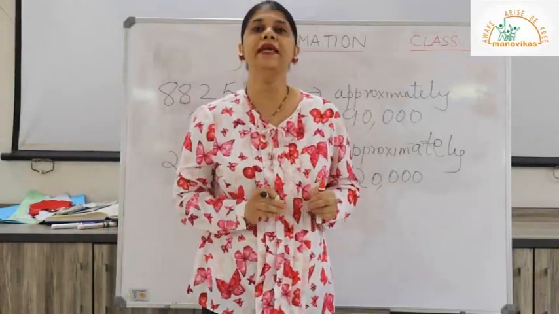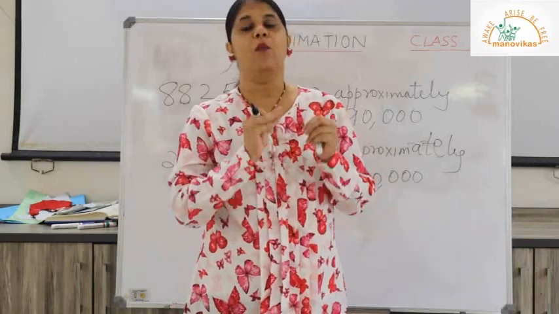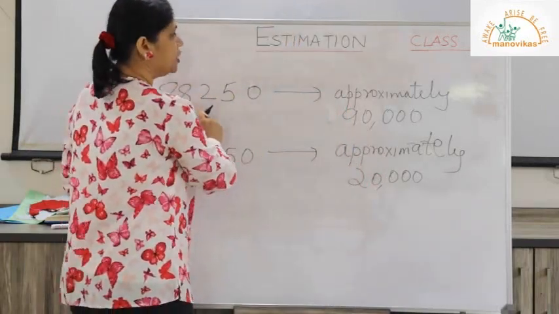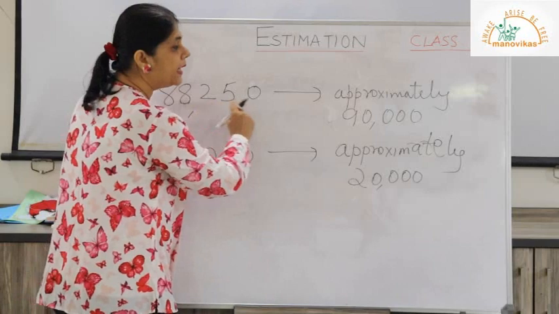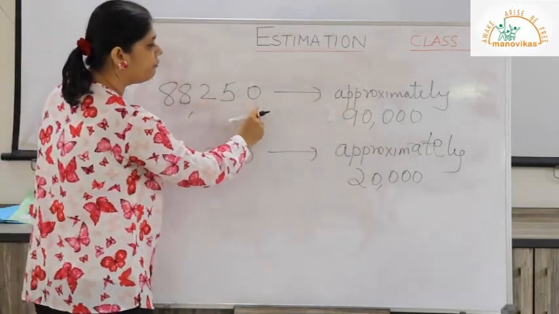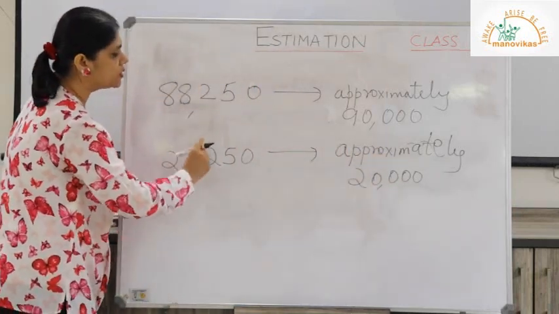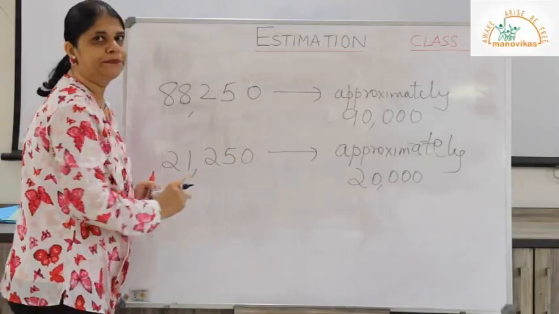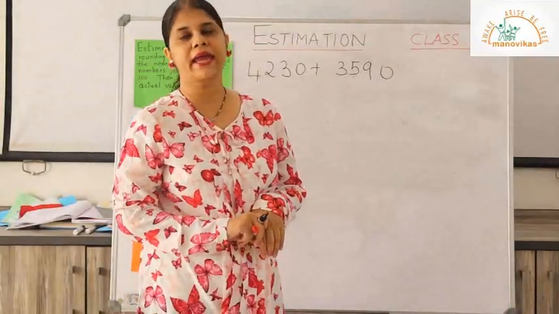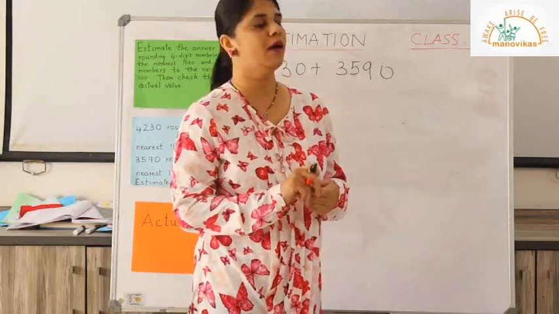Now, the estimated values or the approximate values are very close to the original value. Here you can see 90,000 is close to 88,250 and 20,000 is close to 21,250. Now, let us see some examples to estimate the sum and difference of different numbers.